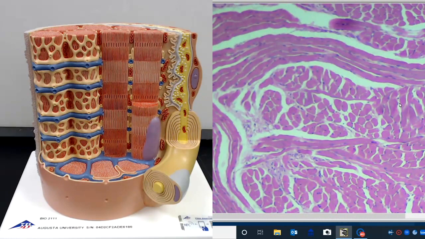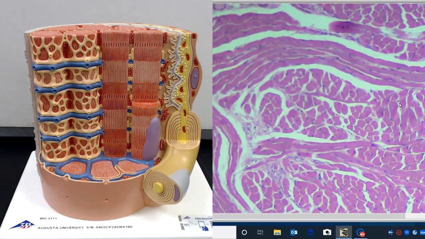Each fascicle contains between 10 and 100 individual muscle cells. Muscle cells have a special name. We call them muscle fibers. So the fascicle is surrounded by the perimysium, and each muscle cell or muscle fiber, as we see in the model, is surrounded by the epimysium, which on this model is a gray membrane.